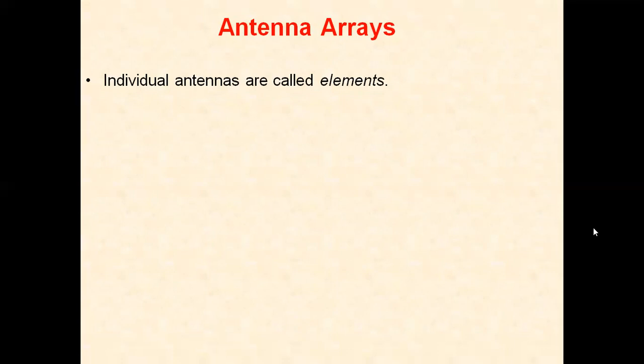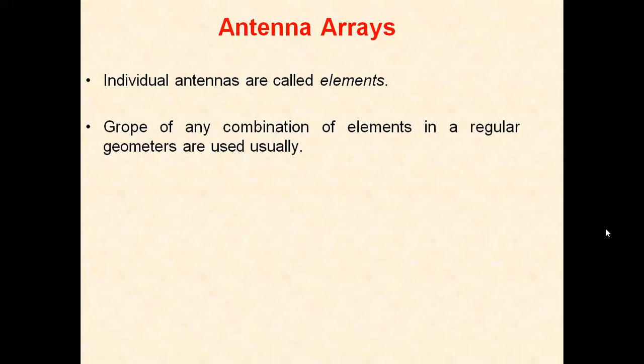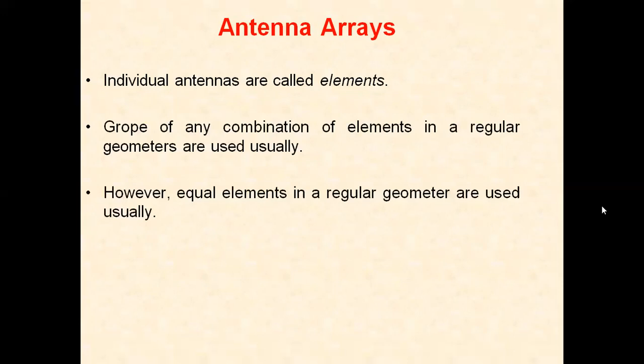It may be defined as a radiating system consisting of several spaced and properly phased radiators. It is a group of any combination of elements in a regular geometry. Generally, they are placed equally. Equal elements in regular geometry are used, so we can use a number of elements at equal regular intervals.